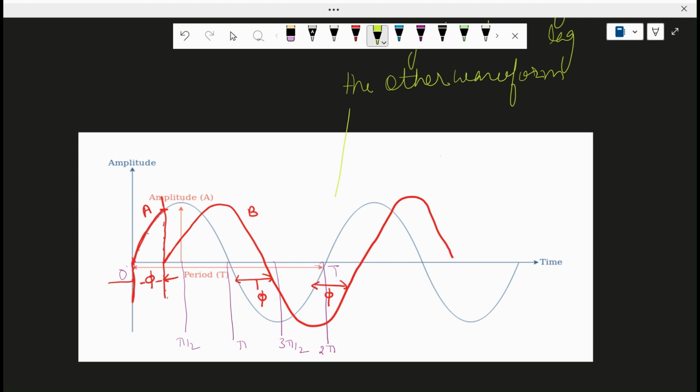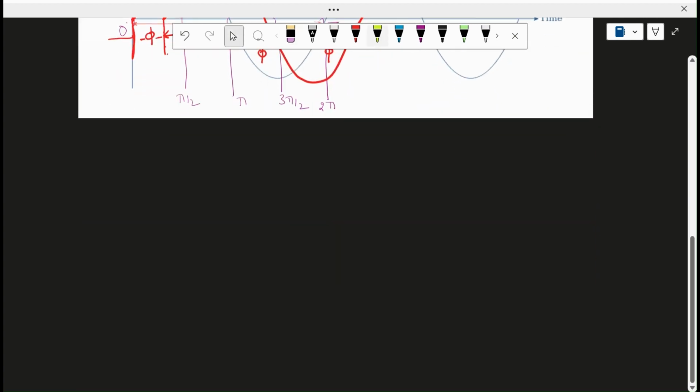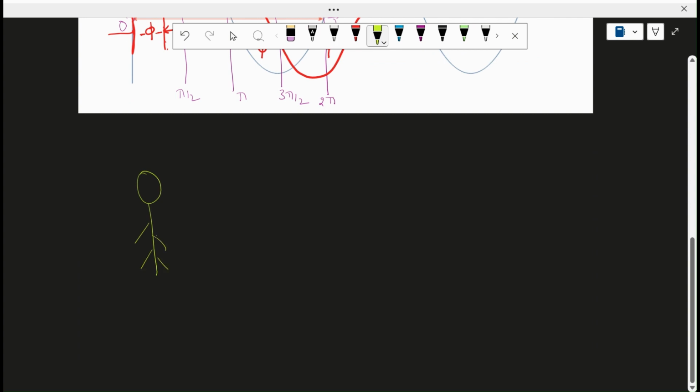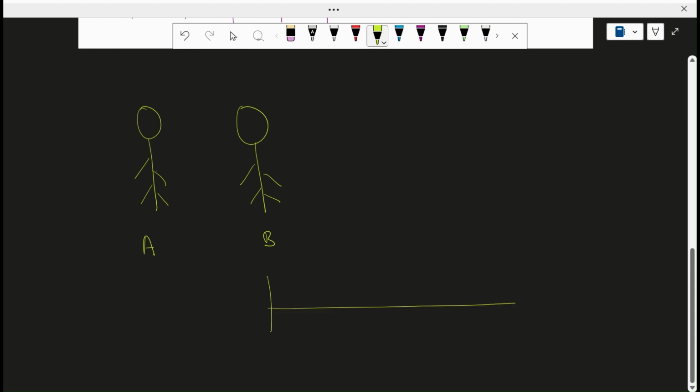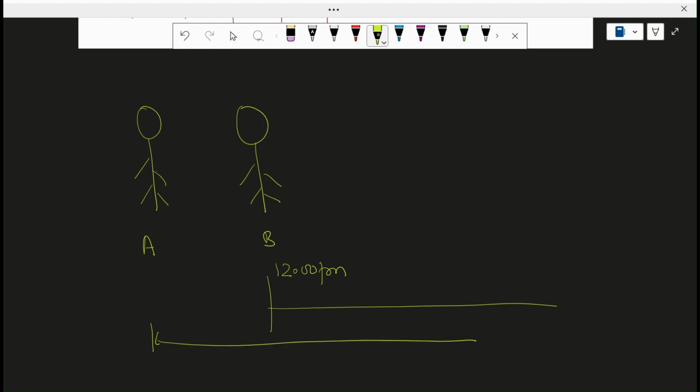Let us take an example. Suppose there is a person A and person B. Let A move at a certain time, that is 12 p.m. And B moves at a certain time which is already ahead of A. Let it move at 11:55 p.m. So this particular difference would be our time difference.